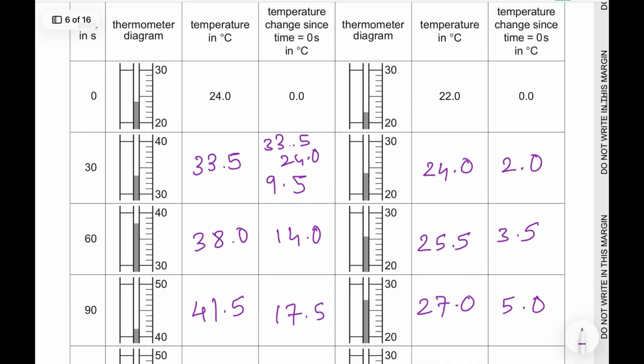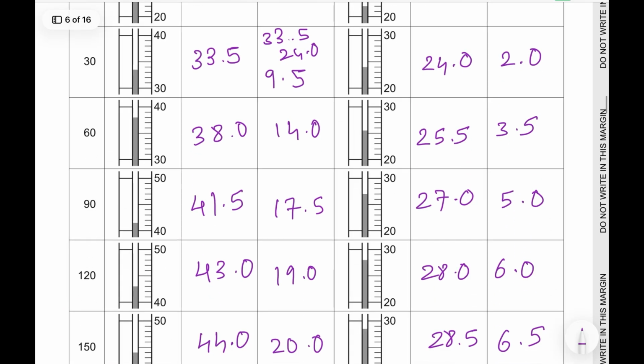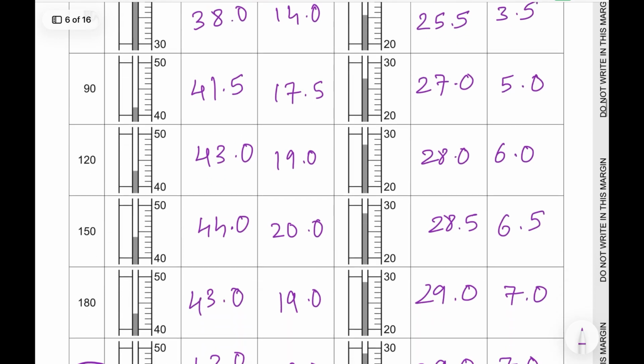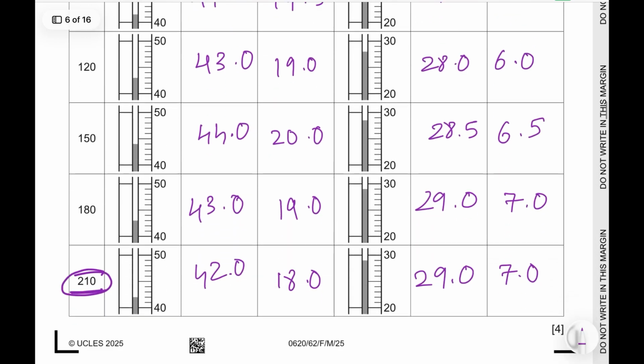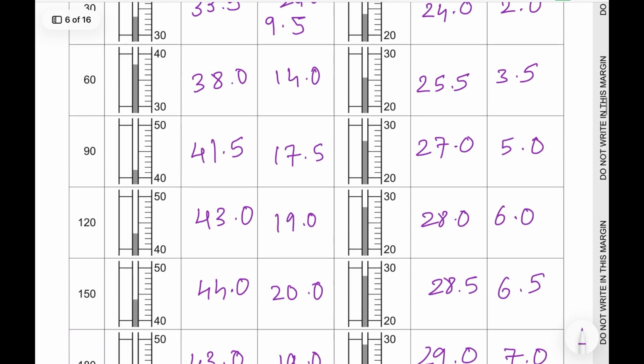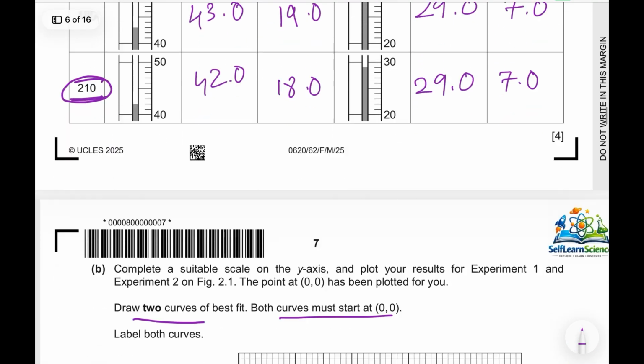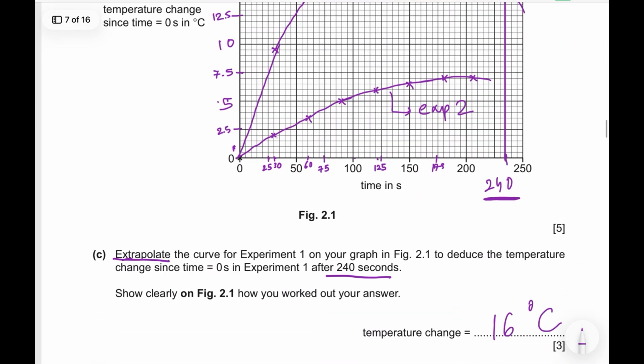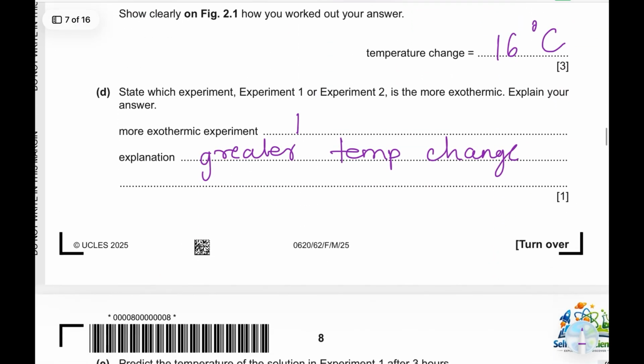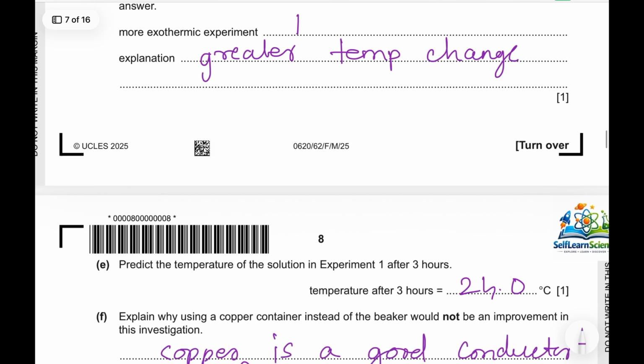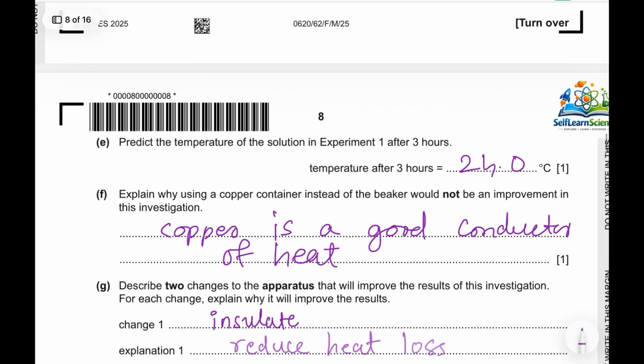For experiment 2, the temperature change we get is 2, 3.5, 5.0, 6.0. So we can understand that in experiment 2 we have a very small change in temperature, whereas in experiment 1 we have a greater temperature change. That is why experiment 1 is the more exothermic experiment, and the explanation will be the same, that we have a greater temperature change, hence it is more exothermic.